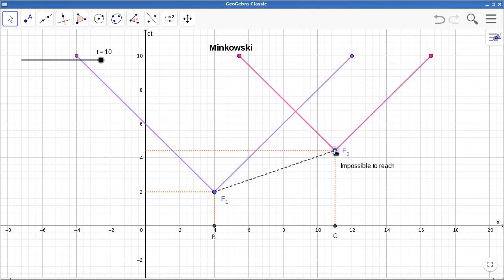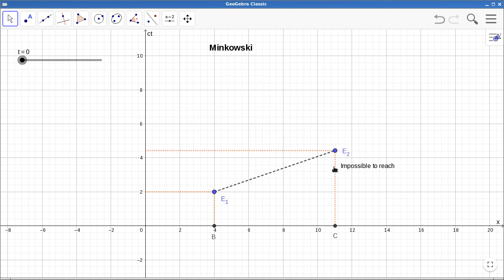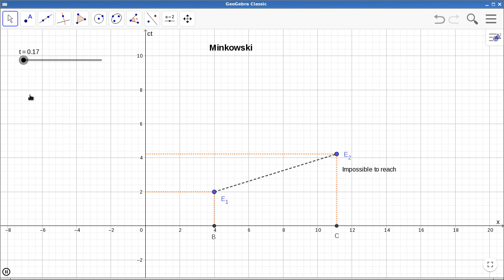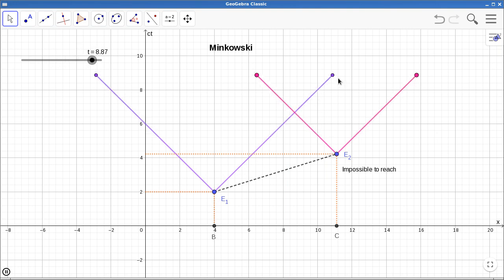So right now, if the event is here, then this event is called absolutely separated. Why? Because event E2 cannot be reached by event E1 even by a light signal. Now let's see. These are the light signals emitted by event E1 and this is event E2. Event E2 happened way before the onset of event E1.